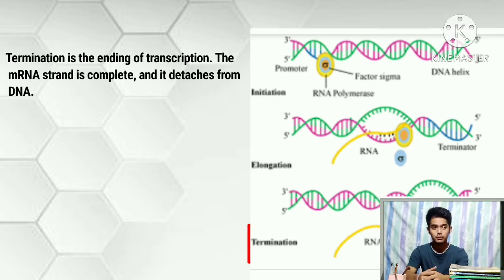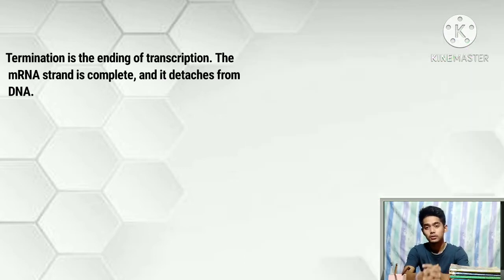Now, termination is the ending of transcription. The mRNA strand is complete and it detaches from DNA. So, the steps of transcription, as I said, are initiation, elongation, and termination.